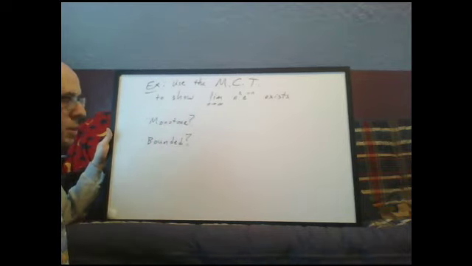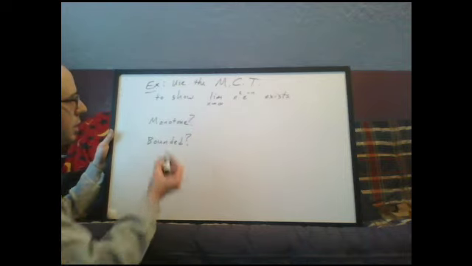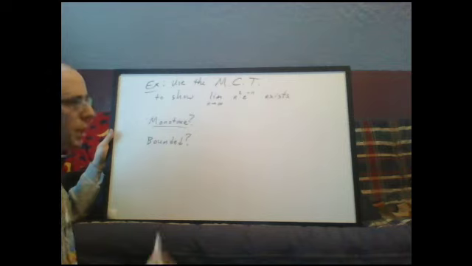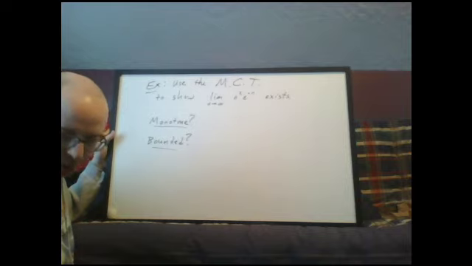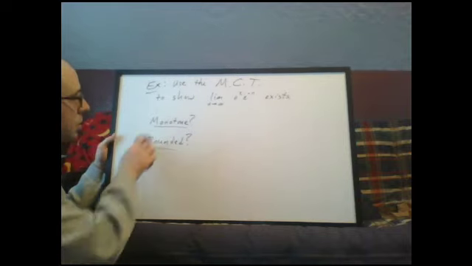Is this a monotone sequence, and is it a bounded sequence? I would say it's usually easier if we establish it as monotone first. That'll help us figure out if it's bounded or not. Bounded can be difficult without other information. Let's do monotone first.